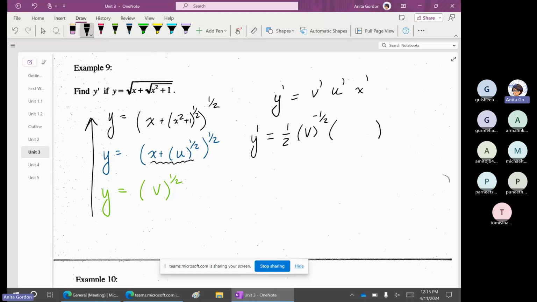Not quite the same thing. It's 1 plus, almost. It's a 1/2 there. So my power is 1 over 2 u. So the power of negative 1 over 2.